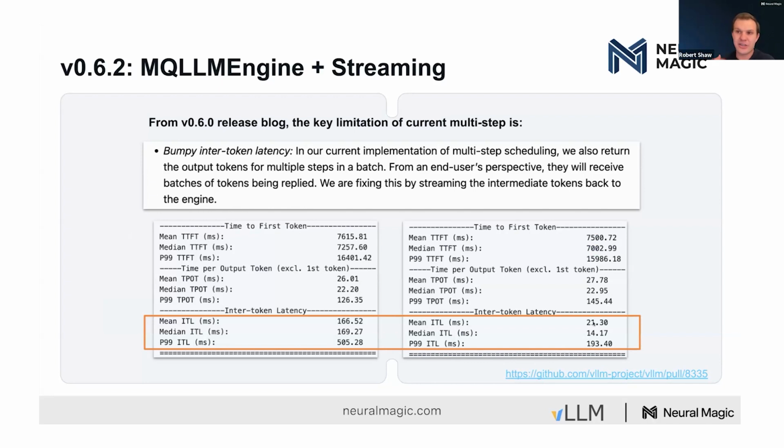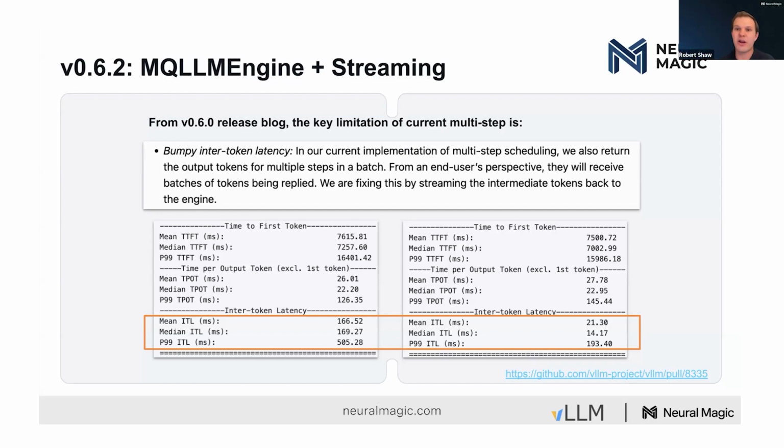Because we were scheduling 8 steps at a time, we were only generating new tokens 1 out of every 8 steps. So you can see the inter-token latency, which is how long it takes between new tokens being generated, was up at about 150 milliseconds. One of the optimizations that was really easy to do inside of this new MQ LLM engine class is enabling asynchronous streaming.